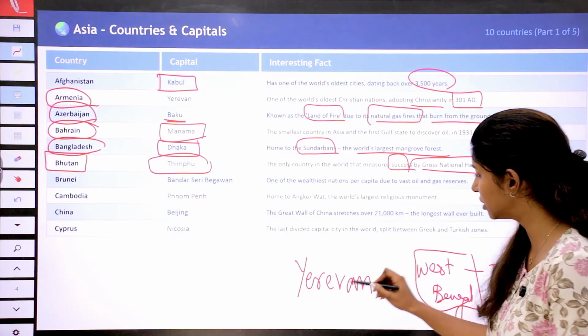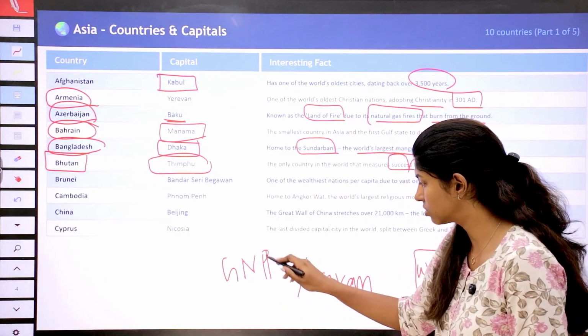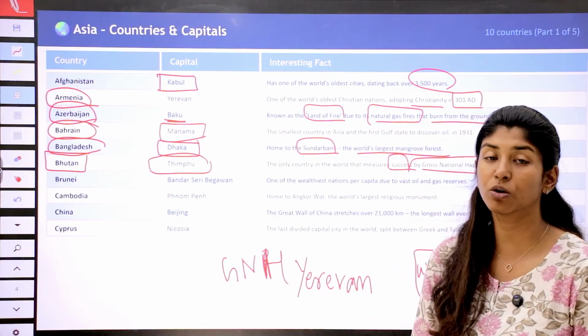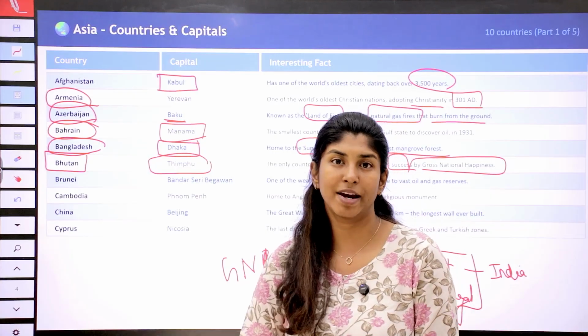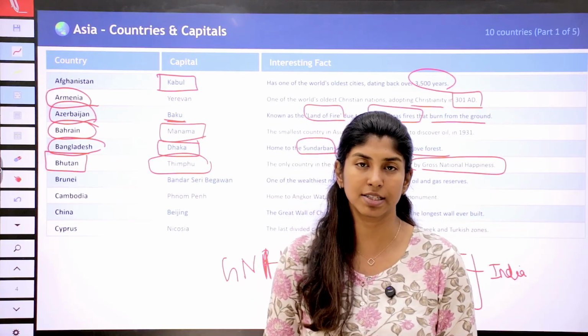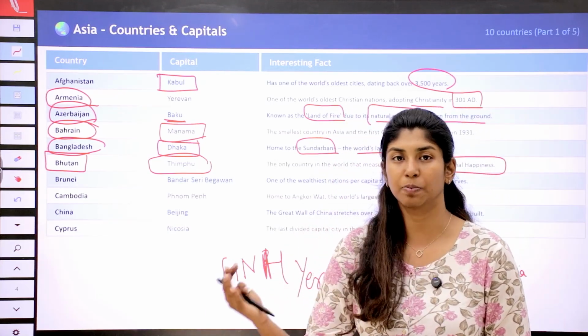Now, what is meant by GNH? Gross national happiness. Now you know GDP. You would have heard about GDP in newspapers, or when people measure how successful a government is. What is meant by GDP? Gross domestic product.